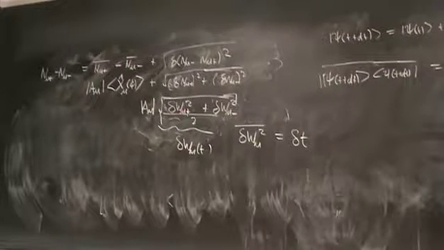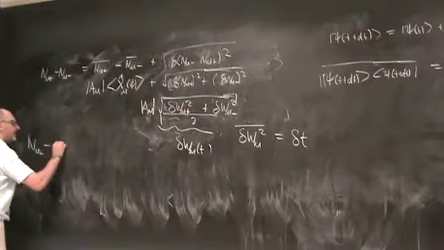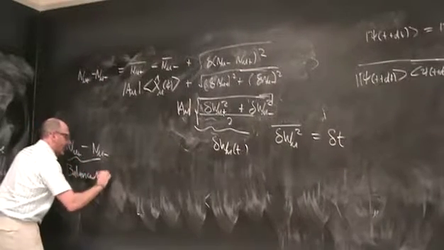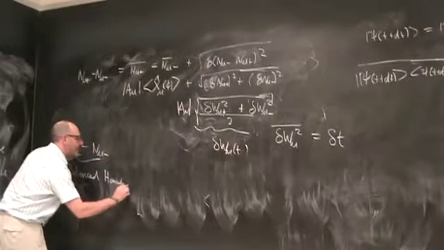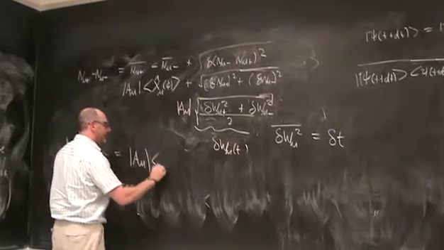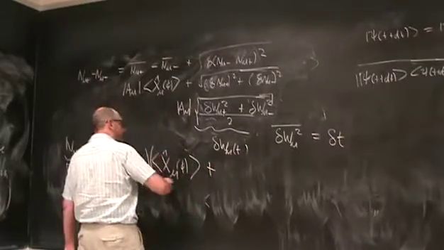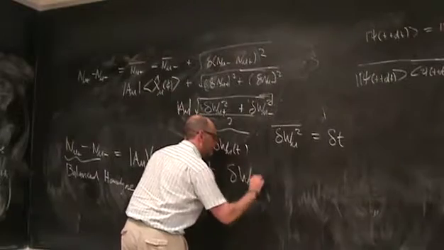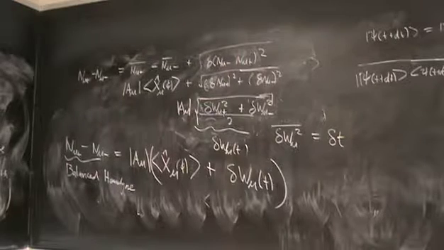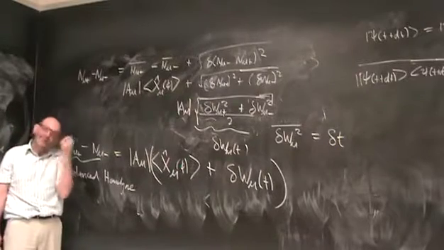Okay? So what we have here is the following. What we're looking at is the balanced homodyne. The balanced homodyne detection gives me the mean signal proportional to the quadrature plus Gaussian noise. We could have written this down without going through all these steps if we just thought about it a little bit.